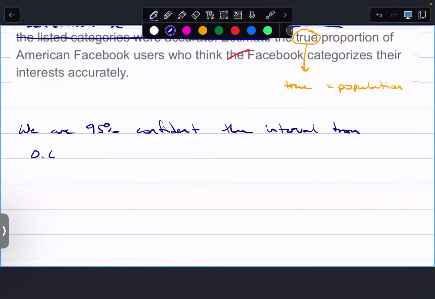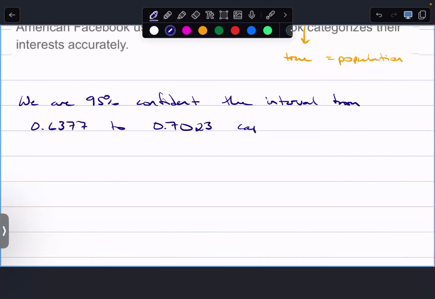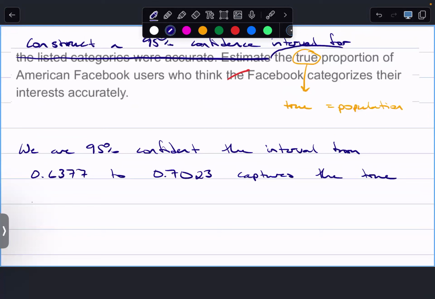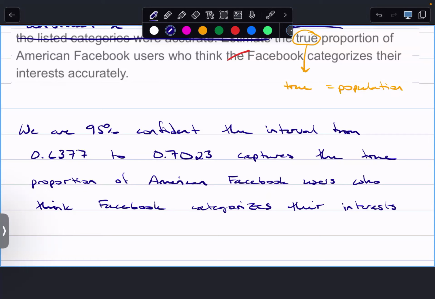From 0.6377 to 0.7023, I think it was, yes, captures the true proportion of American Facebook users who think Facebook categorizes, long and tedious but not hard, categorizes their interests accurately.